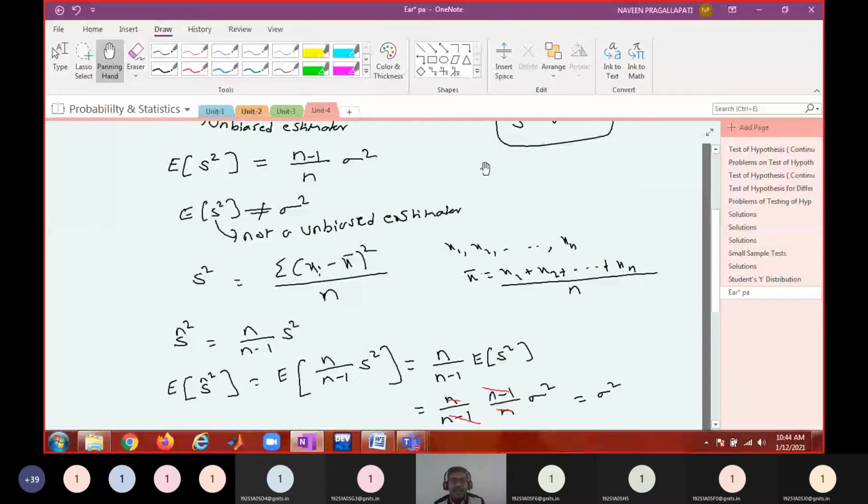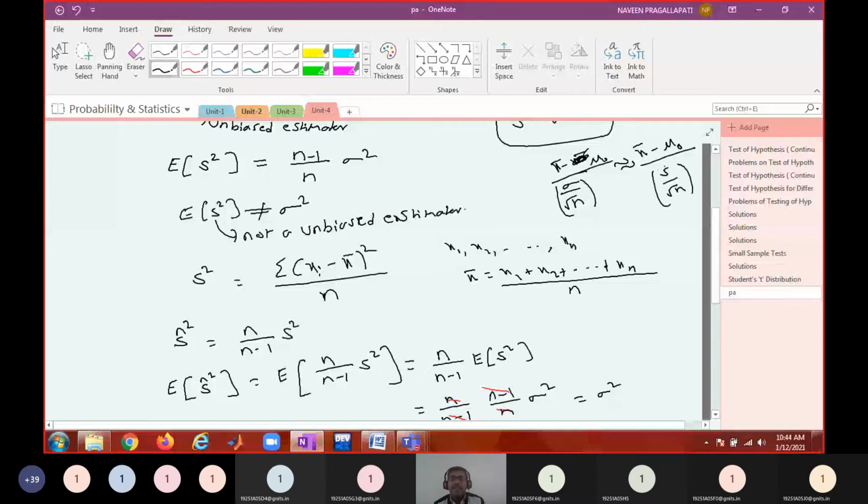The formula for large sample is x bar minus mu by sigma by root n. This we sometimes approximated with x bar minus mu naught by s by root n. I said when population variance is not given, you approximate that with the sample variance.